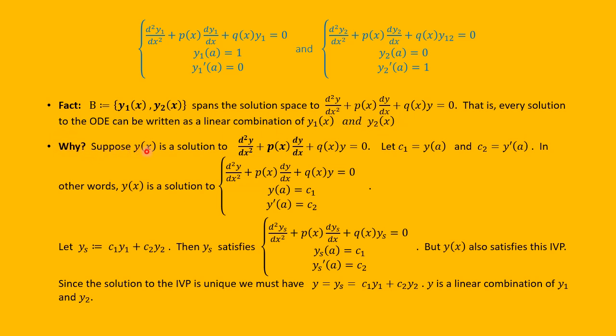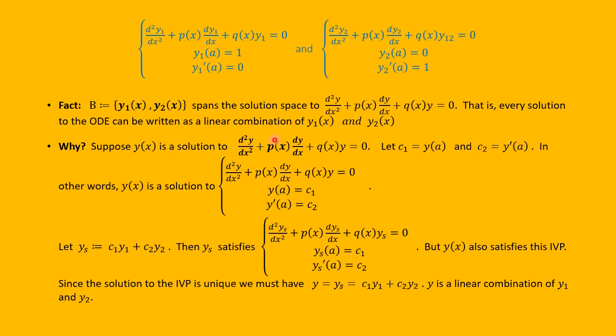Let's suppose that y of x is a solution to this differential equation. If we have a function y that satisfies this, plug a into that, and whatever y of a is, call that number c1. Also, plug a into your function y prime that satisfies this equation, and call that number c2.